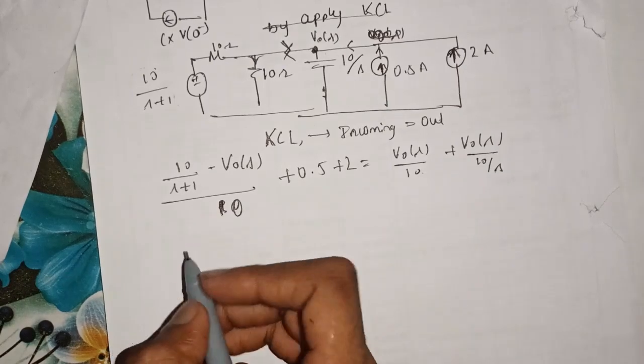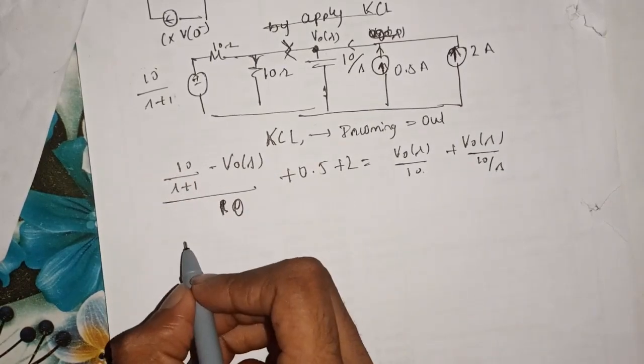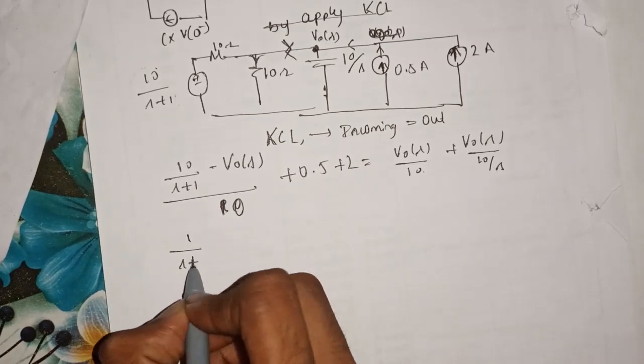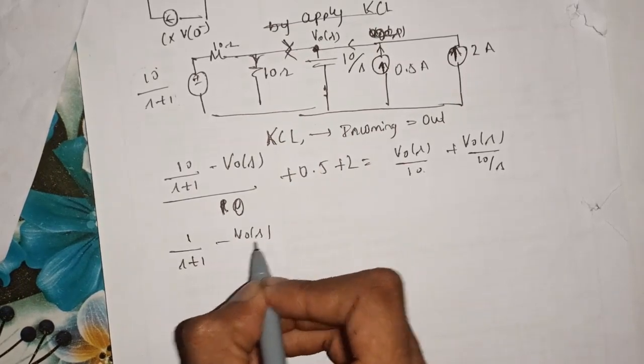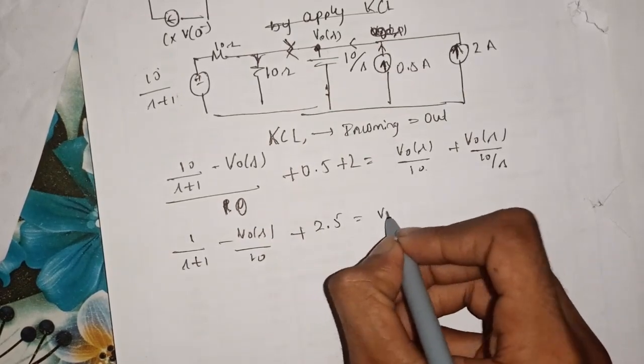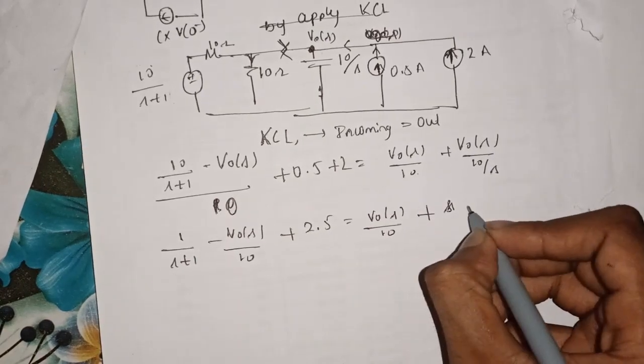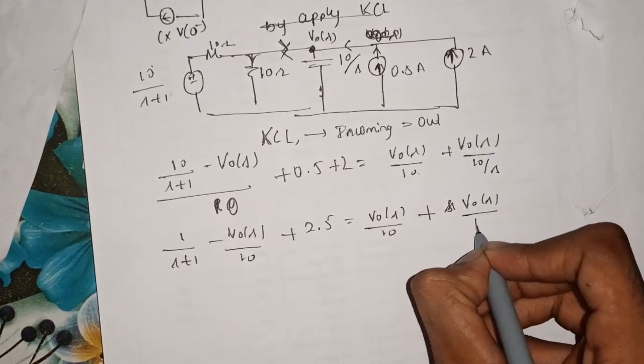Yes, now we just evaluate the following equations. I separate this as 1 divided by S plus 1 minus V naught of S divided by 10 plus 2.5, which will be equal to V naught of S by 10 plus S into V naught of S by 10.